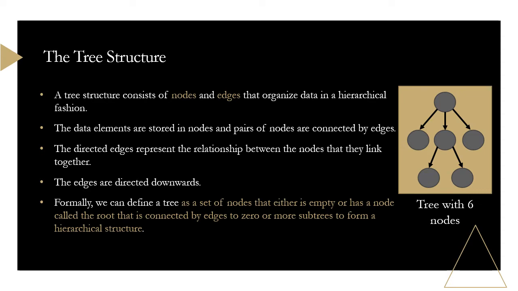The middle subtree contains 3 nodes, one of which would be its root of the subtree. And then this root of the subtree in the middle is connected to 2 more subtrees. So each subtree is itself a tree.